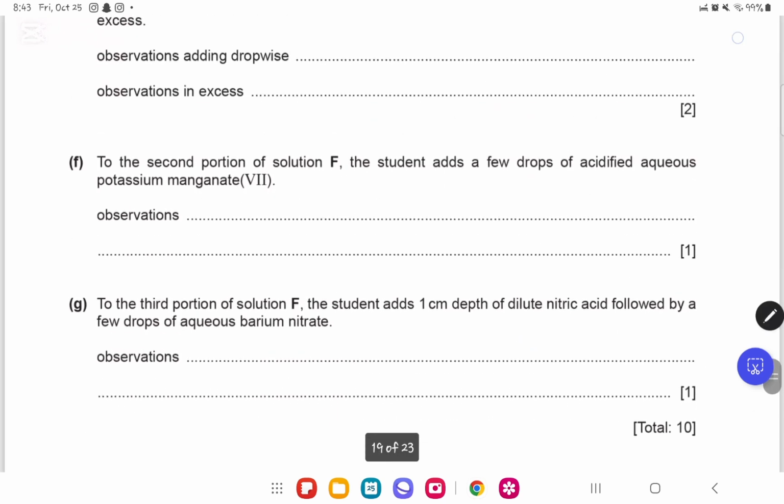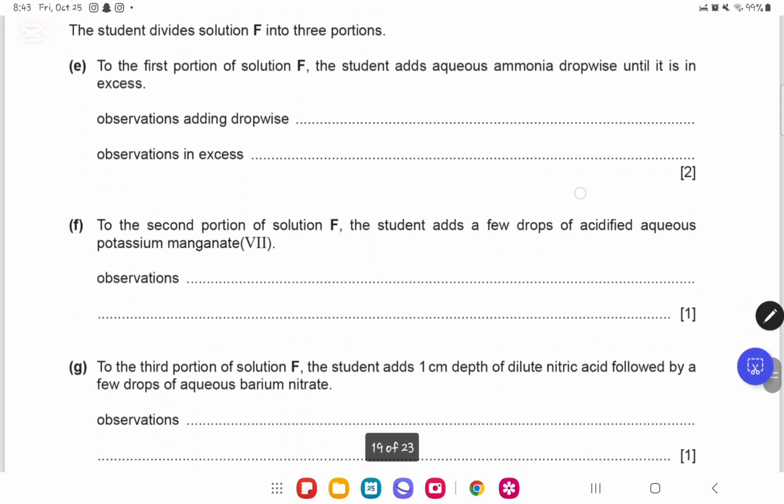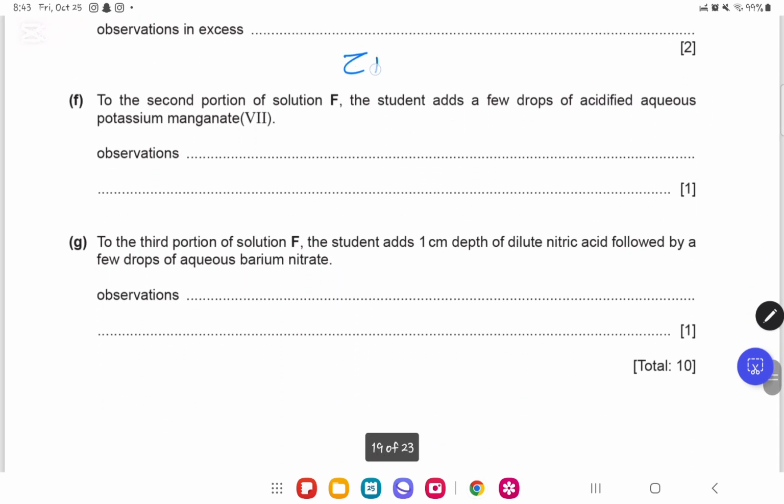So remember, ammonia with the Zn2 plus will form a white precipitate that dissolves in excess. Now part F. To the second portion of solution F, the student adds a few drops of acidified aqueous potassium manganate. So we have ZnSO3, okay? And then we add potassium manganate.